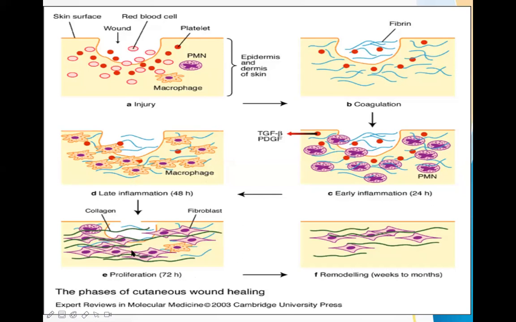After that epithelialization also occurs, and there is contraction of the wound, which is known as remodeling. It takes a long time, weeks to months, and ultimately there is scar formation. So these are the different steps of wound healing.